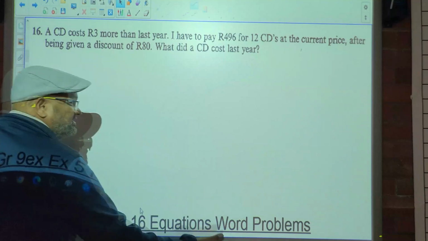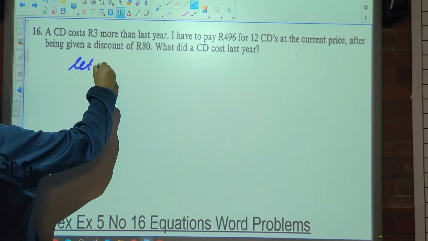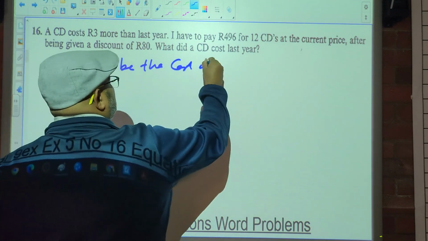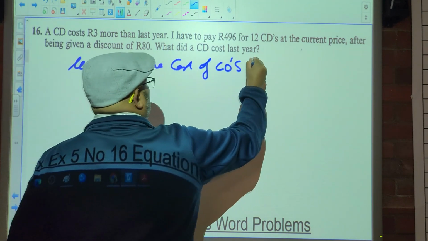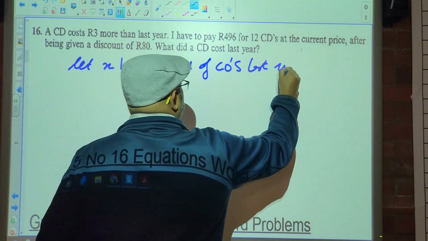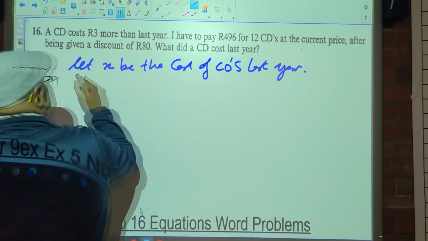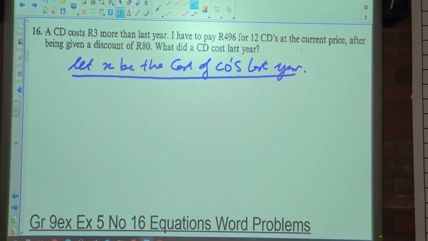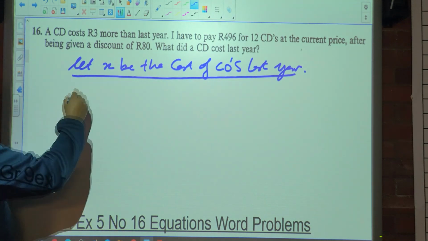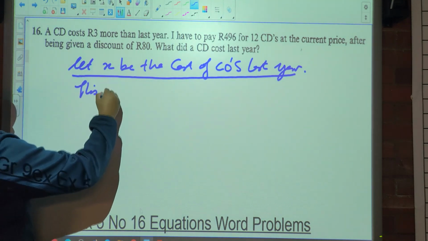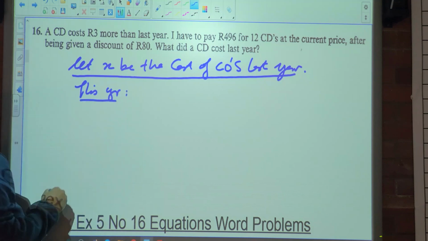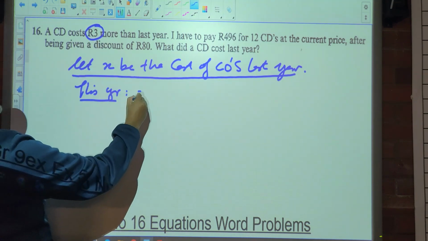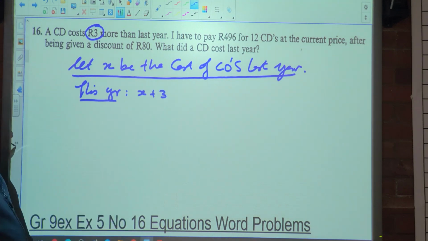So I'm going to say that X be the cost of the CDs last year. So if X is the cost of the CDs last year, this year, or currently, how much is the CDs going to cost? In terms of x, it will be x plus 3.